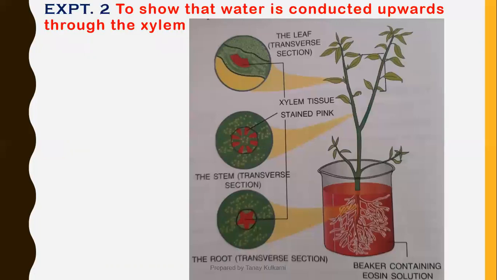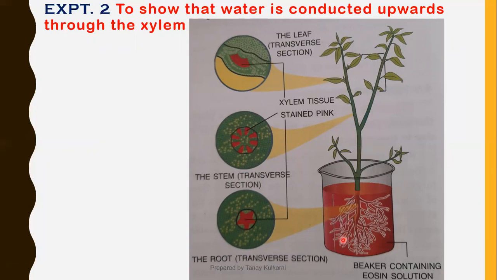Second experiment is to show that water is conducted upward through the xylem. A medium-sized young balsam plant we have to take, wash it and place it in a beaker which contains a stain like eosin. The root should be completely submerged in the solution, and this setup is kept aside for 3 to 4 hours.